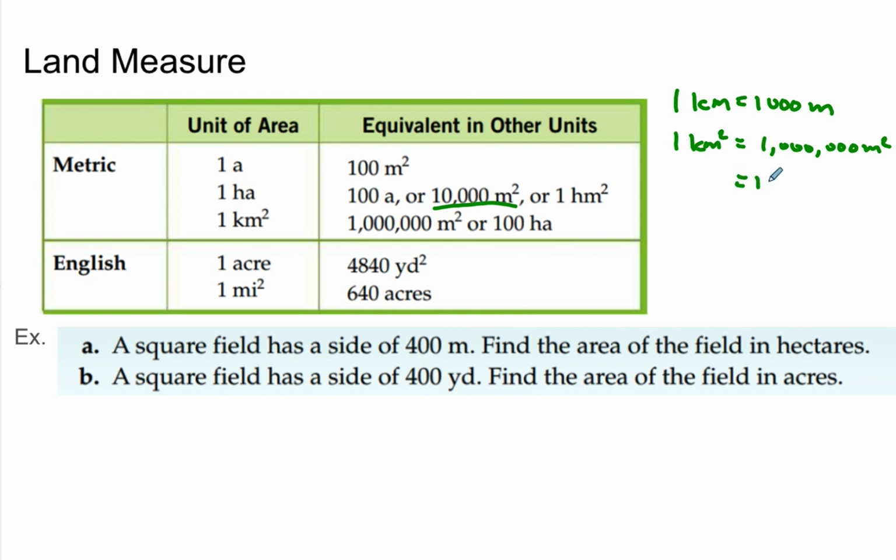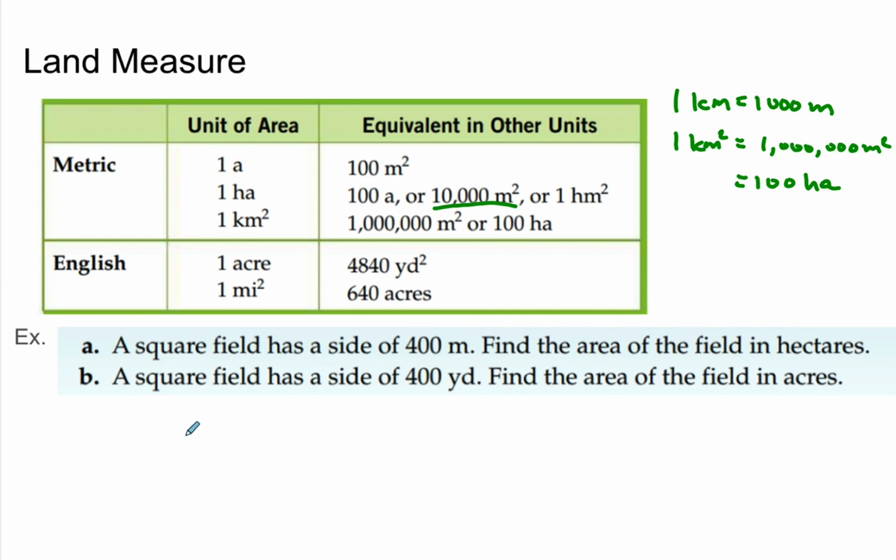So that is 100 times more than 1 hectare. In English, 1 acre is 4,840 square yards. You can always use this measurement table because you don't have to remember all of that. Who does, right? Just know how you can use the proportion to find the answer.